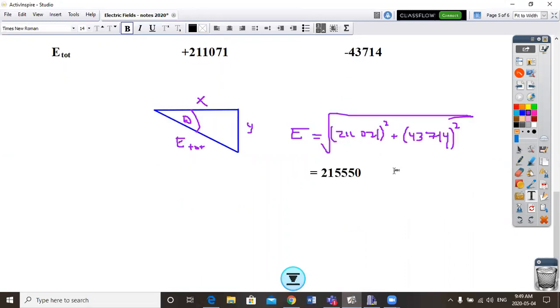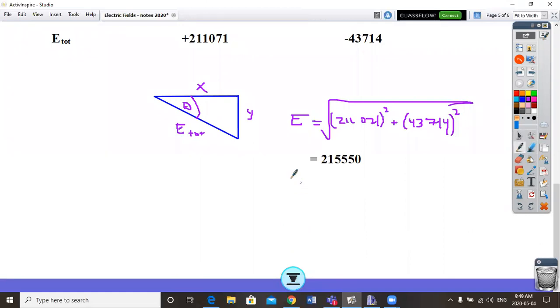good. Now our angle theta, inverse tan, opposite 43,714. Divided by 211,071.